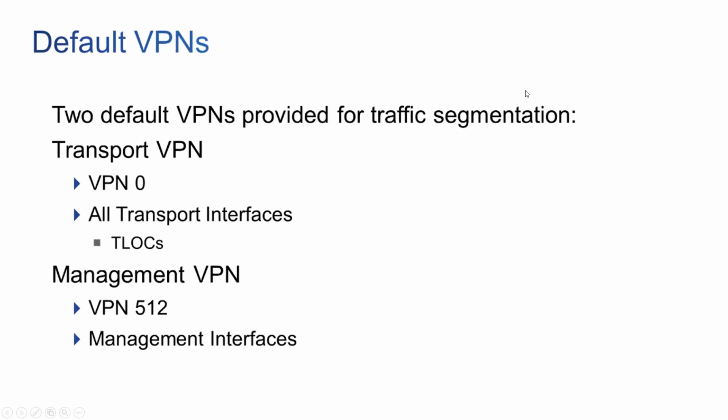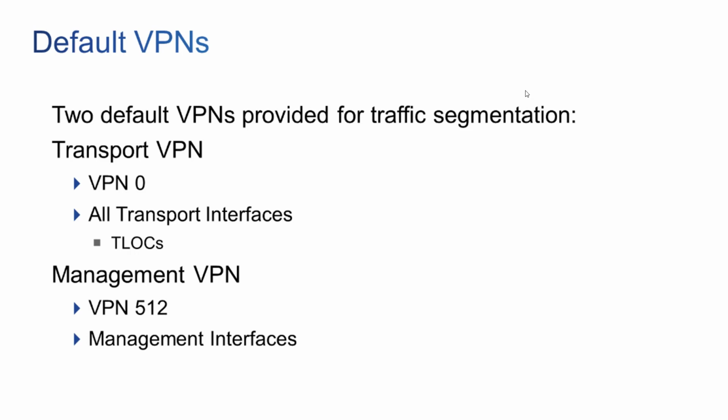All right, we've talked about this quite a few times actually with regard to what the default VPNs are that are provided for network segmentation. VPN 0, like I said previously, is my transport VPN. It's used to carry control traffic over the secure DTLS or TLS connections between the vSmart controller and the vEdge routers, and between the two vSmart controllers and the vBond orchestrator.